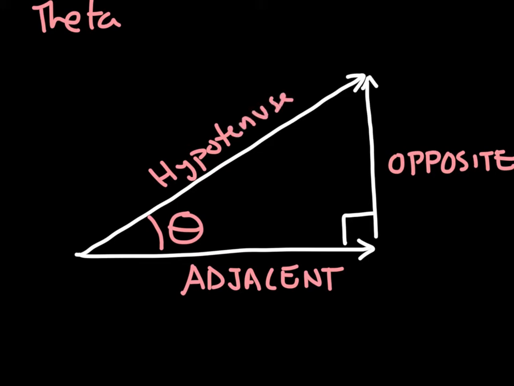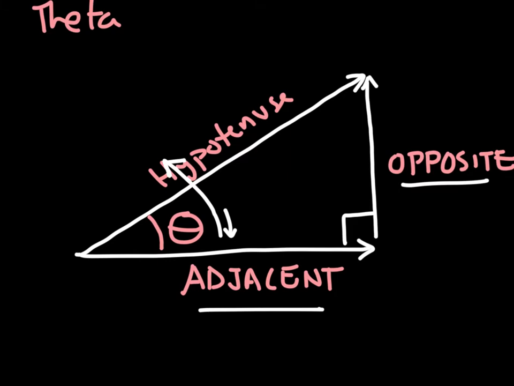So, what trigonometry does is relate the lengths of these sides, the length of the opposite side, or the length of the adjacent side and hypotenuse, with what happens when you increase or decrease theta. So, what trig functions are, and there are three primary trigonometric functions, are proportionality constants, or proportionality functions.